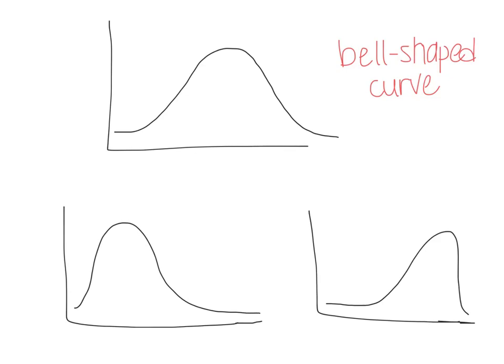So in math, we really do call it a bell-shaped curve. Now these graphs, where we have a lot on one side and not very much on the other, this special name is called skewed.